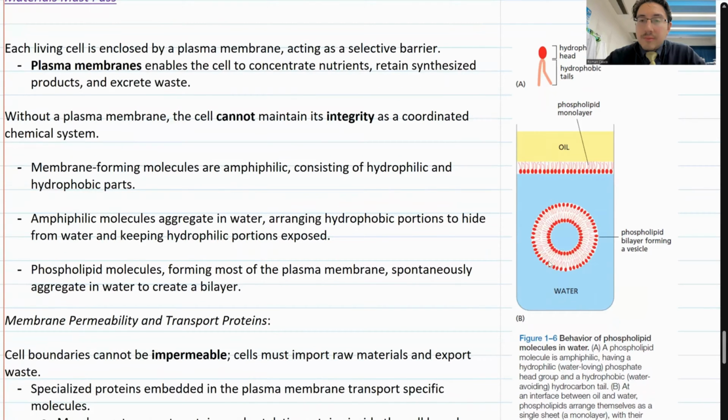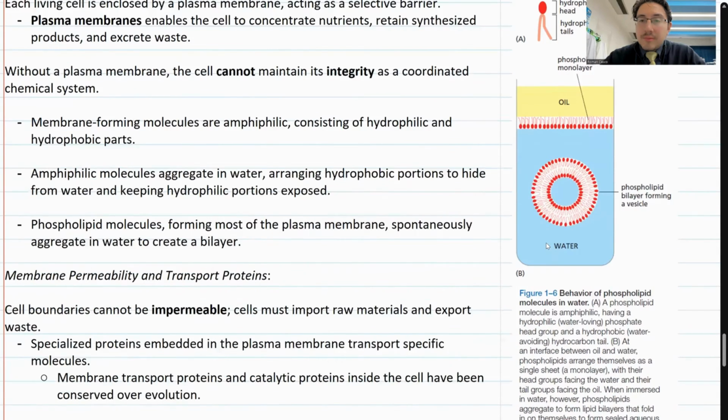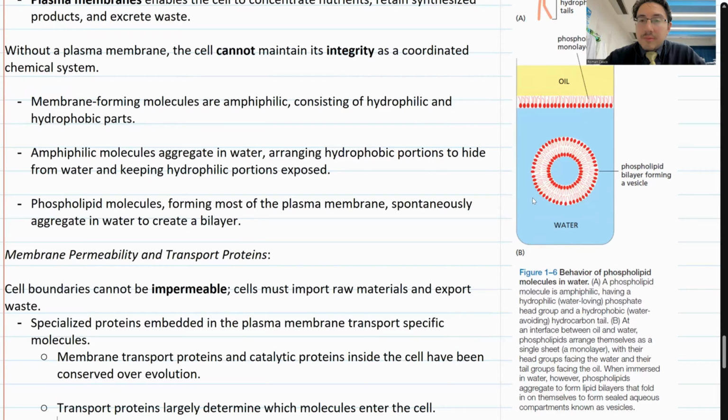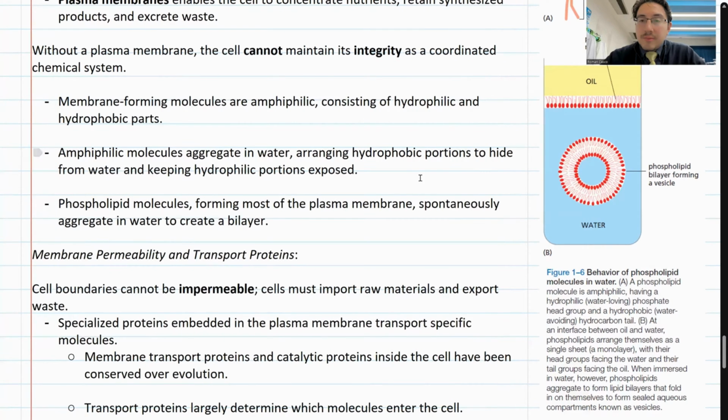And if you just have phospholipids inside a very polar solvent, they would actually create a bilayer to avoid exposing the hydrophobic tails to the solution, in this case water, hence giving birth to the plasma membrane.